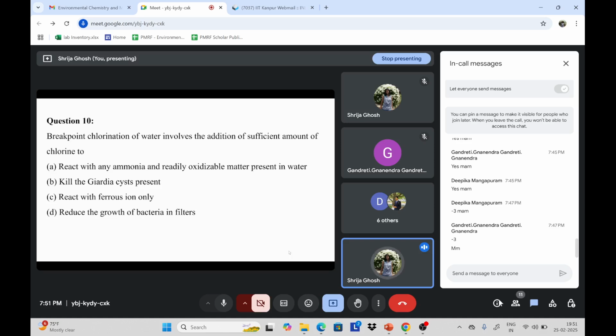Okay, Ipsmita says option D. Anyone else?